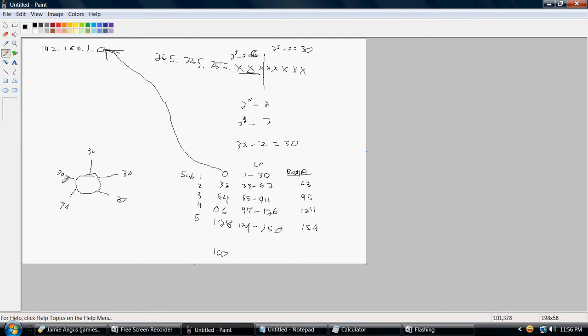Now, in order to figure out the subnet mask for each of these hosts, we can take the number of bits that was left over, which would be 128, 64.